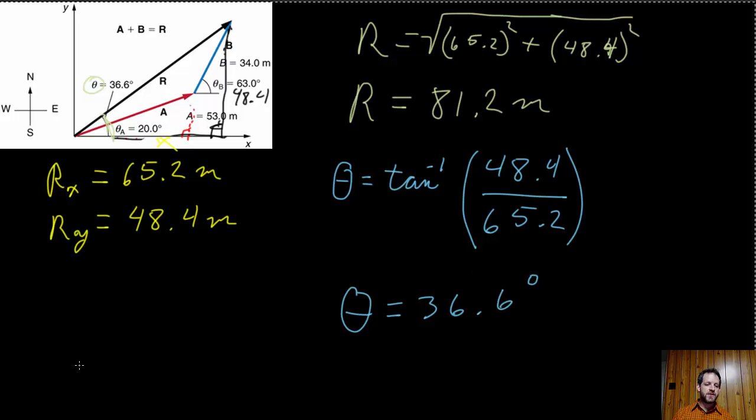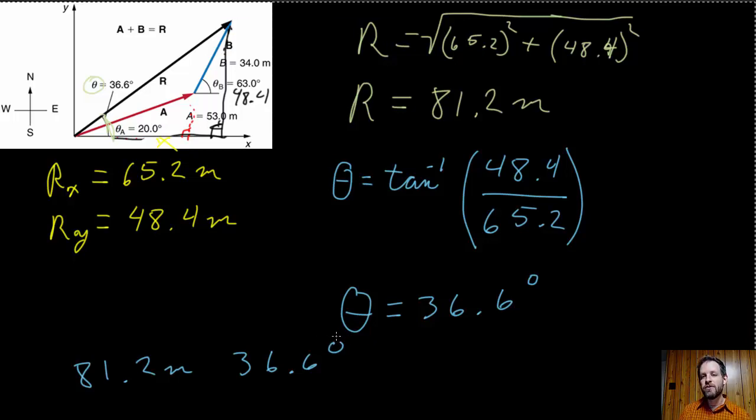So if you wanted to write this answer in full long form, which is what you want to do, you would say that they traveled 81 and 2/10 of a meter, 36 and 6/10 of a degree, and then you can't just say that in degrees. You kind of can if it's north of east, which this one is, because that's like the default mode.